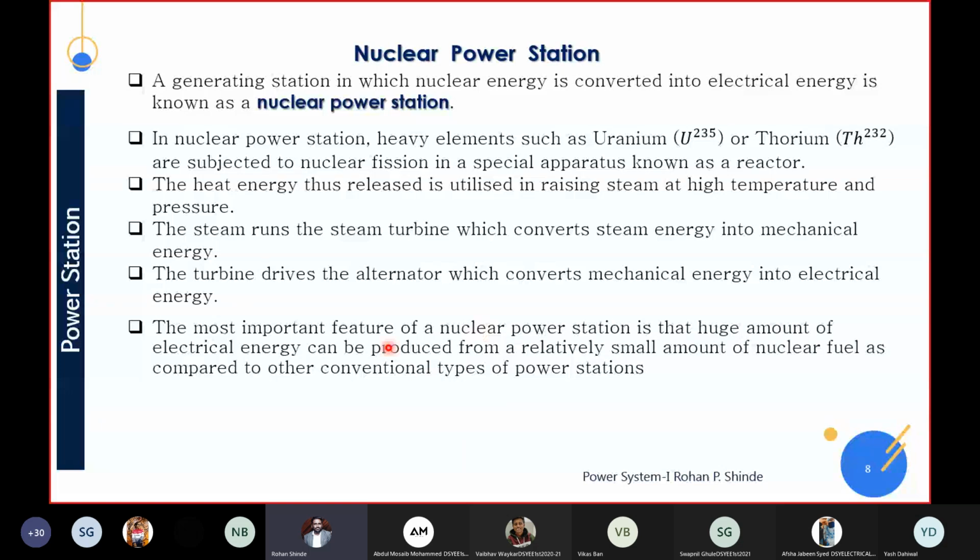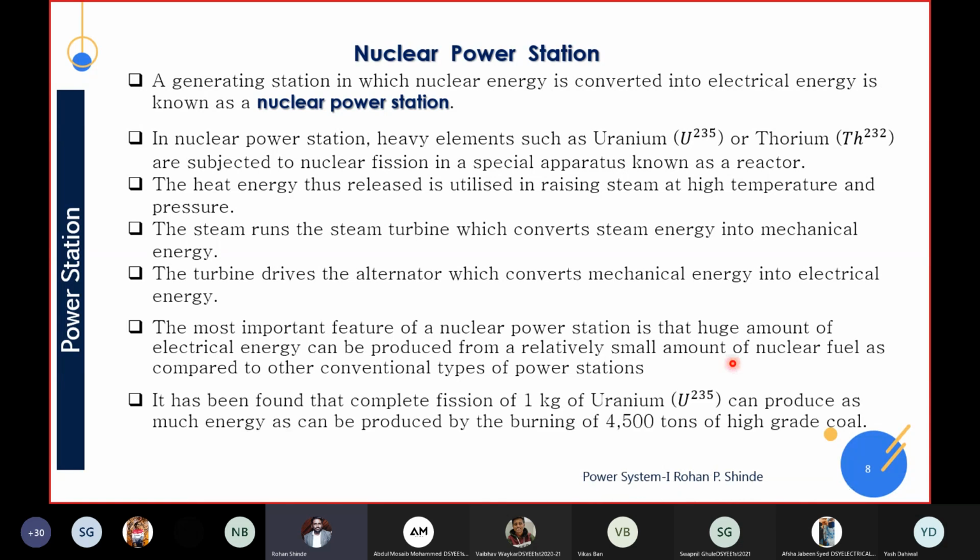So see here, steam, hydroelectric and gas plants use relatively large amounts of fuel for production of a huge amount of electricity, but as compared to these power plants, nuclear will use a small amount of nuclear fuel for the production of a huge amount of electrical energy.